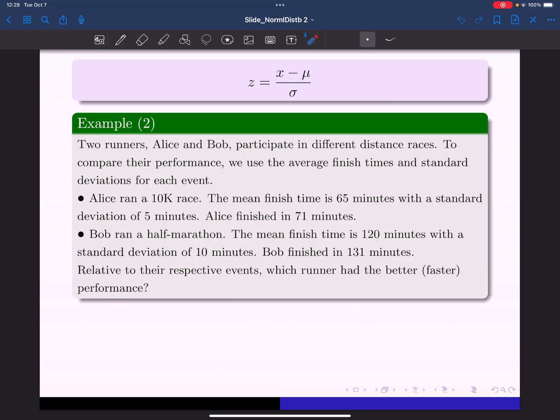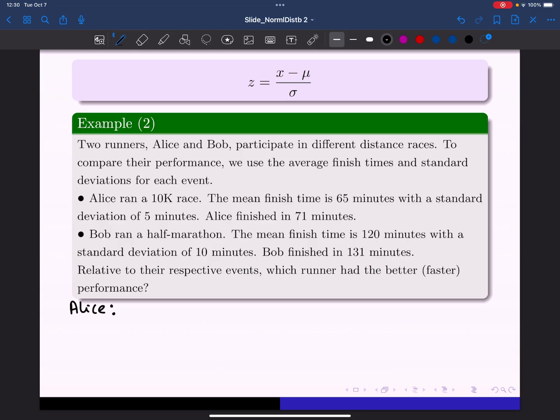Which runner was faster? Because we have two different events, two different data sets, we're going to use the z-score and see how far away from the mean both data points are. So for Alice, let's keep writing. We have Alice.